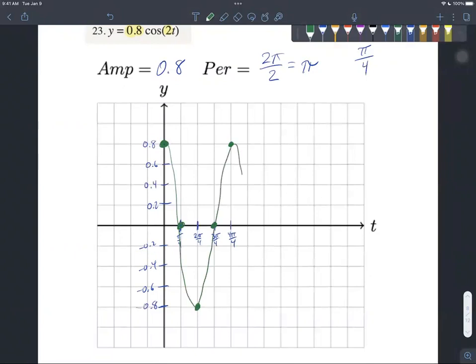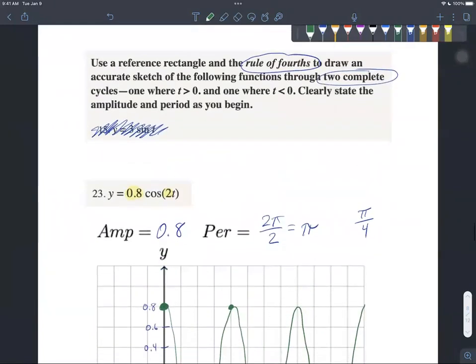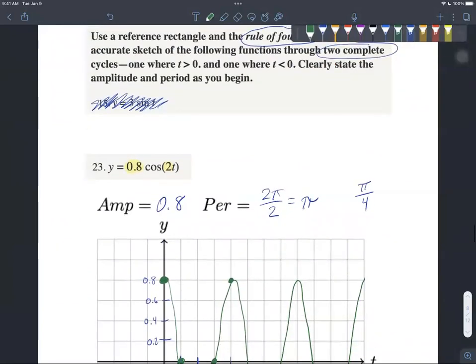And then why not, if we just continue to draw these, it will look something like that.